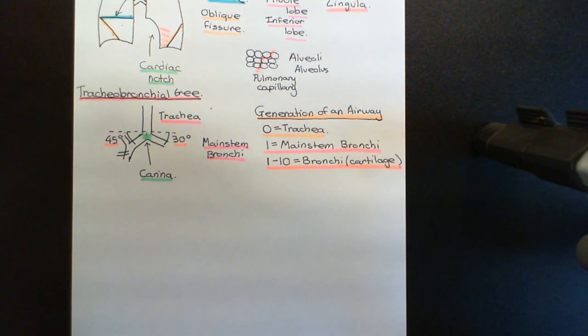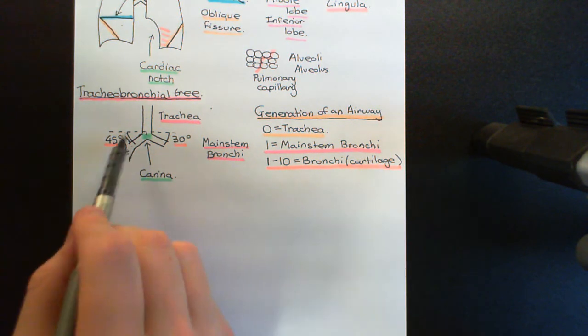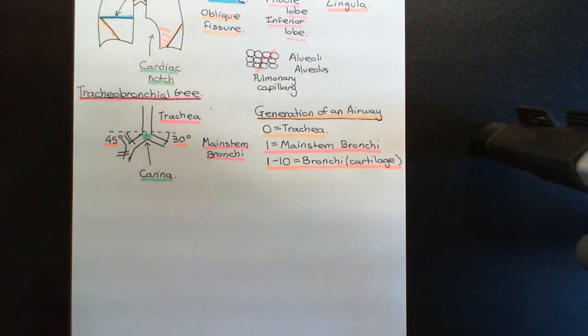So, generation 1 to 10 airways are bronchi, and their big feature is that in the wall of the tube, they're going to have cartilage at some layer. Indeed, it will be the outer layer. And this cartilage is going to make them quite solid airways, so they're very strong airways, very structurally sound.